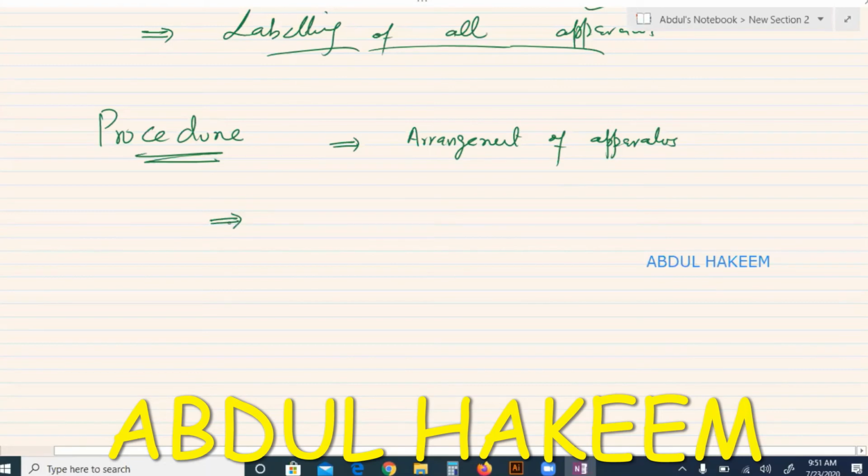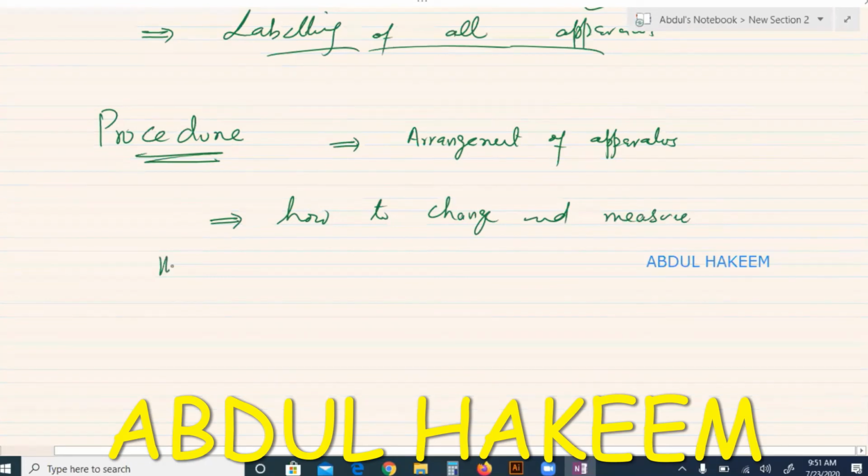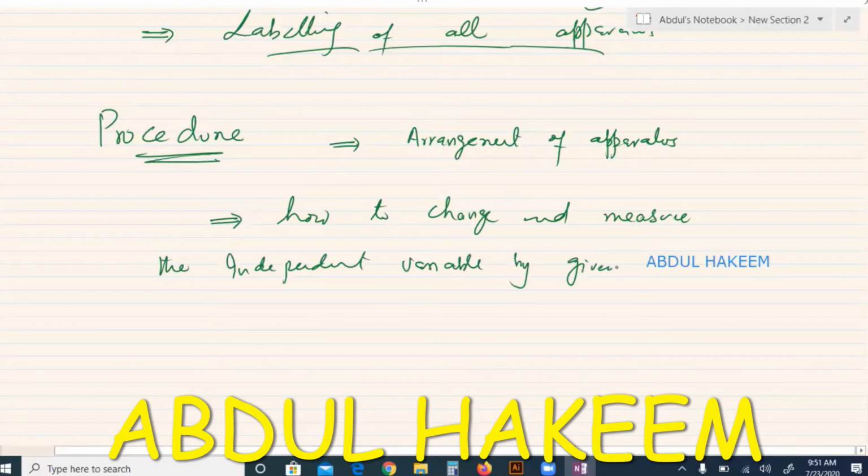And then we will explain how to change and measure the independent variable by given operators, operators which is shown in the diagram.